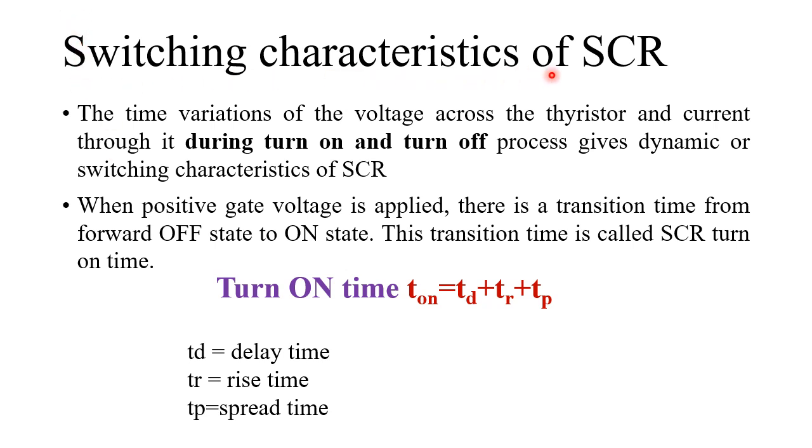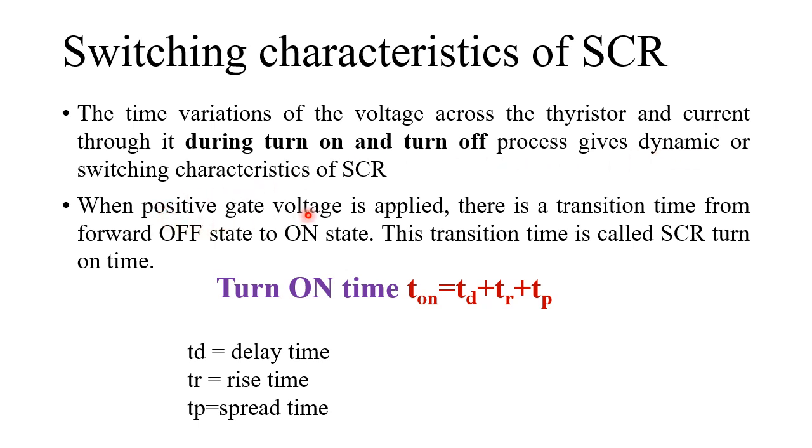Switching characteristics of SCR. The time variation of voltage and current during the turn on and turn off process gives the switching characteristics of SCR. This is also called the dynamic characteristics or transient characteristics of SCR.